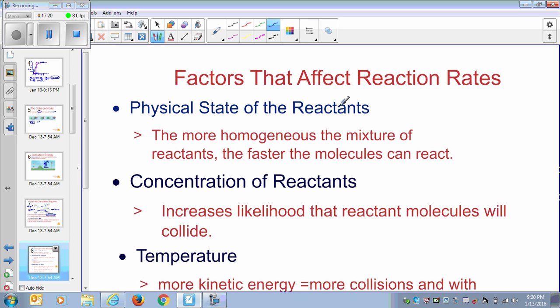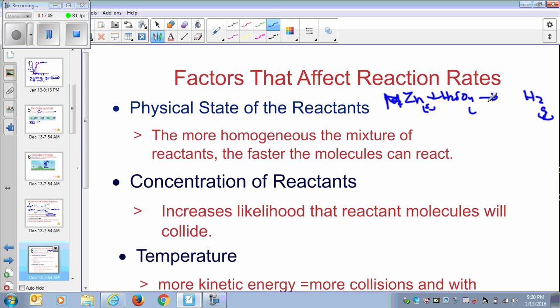So, physical state of the reactants. The more homogeneous the mixture is, the faster the reaction will work. What that means is, for example, if you take solid zinc and put it into H2SO4, which is liquid, and you want to produce hydrogen gas, you see there are different states of matter.